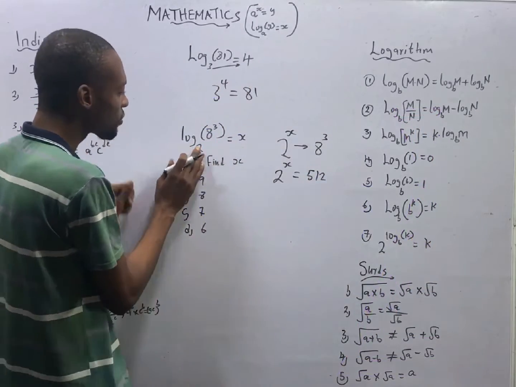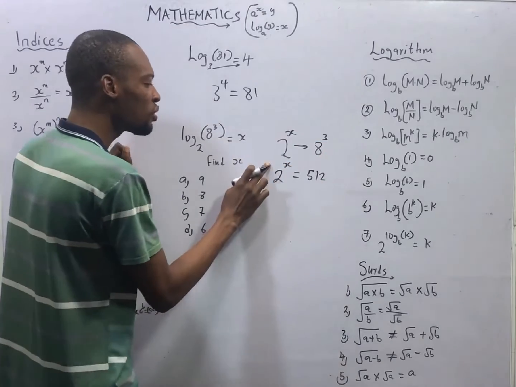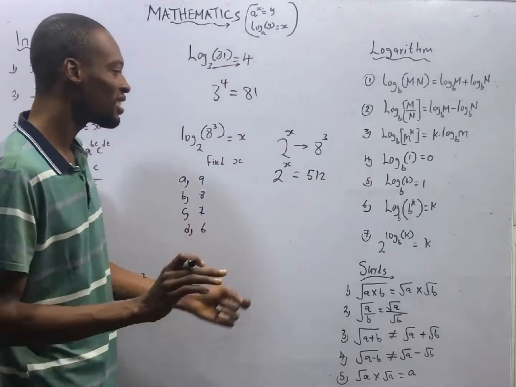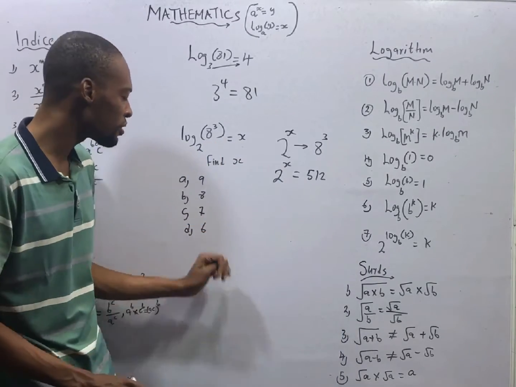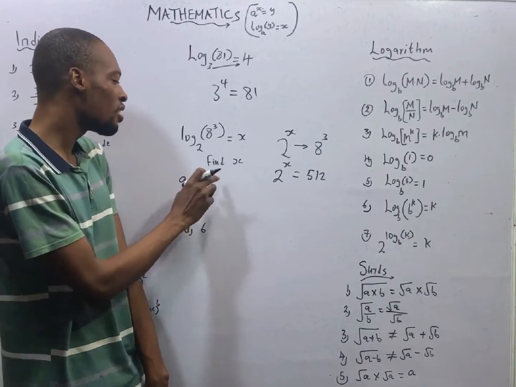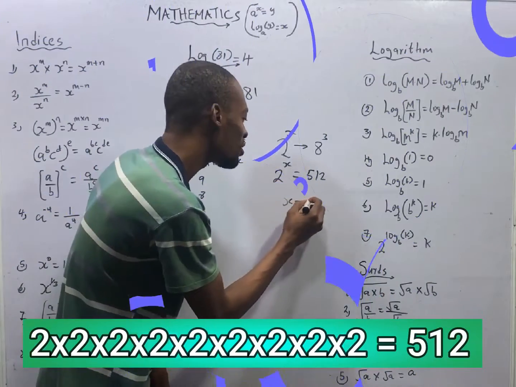Now, from here, 2 raised to the power of s is equals 8 raised to the power of 3, which means 2 raised to the power of s is equals 512. Once you have this, do you know the next thing you will be doing? Don't solve, just go to the options. Option A, let s be 9. If s is 9, will 2 raised to the power of 9 give us 512? Yes. So s is equals 9.